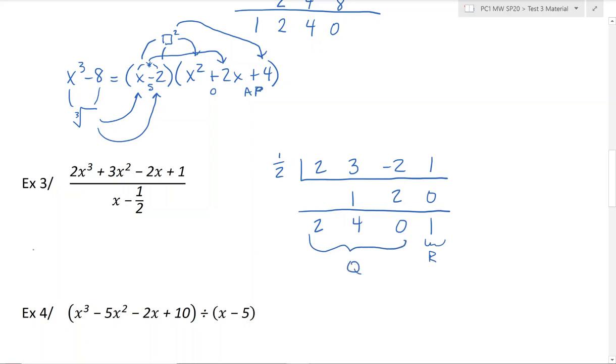So the proper way to write this would be 2x cubed plus 3x squared minus 2x plus 1 is equal to 2x squared plus 4x, you don't need to put the plus 0, and multiply that by the x minus 1/2, which is your divisor, and then you're adding in your remainder.